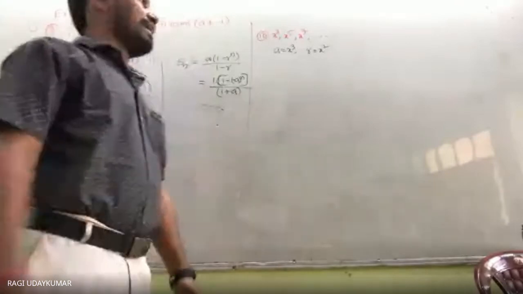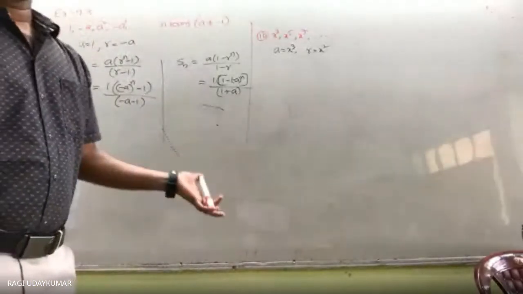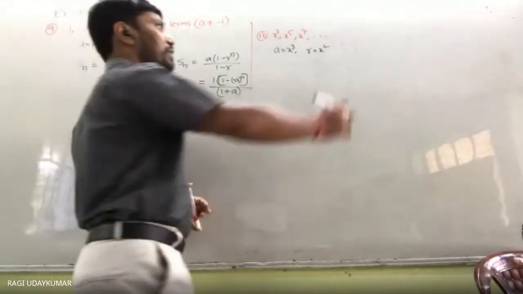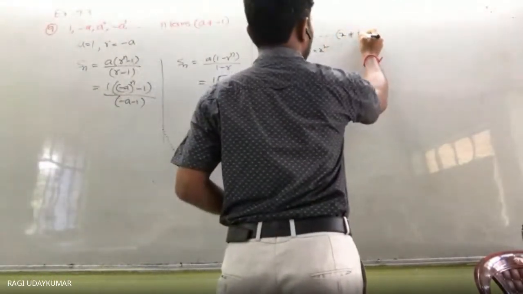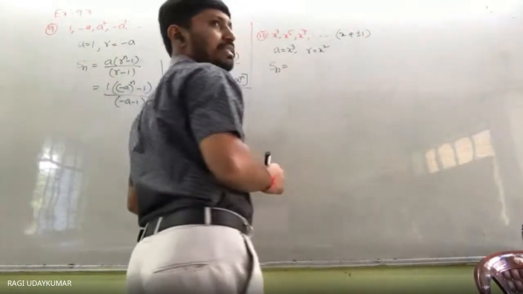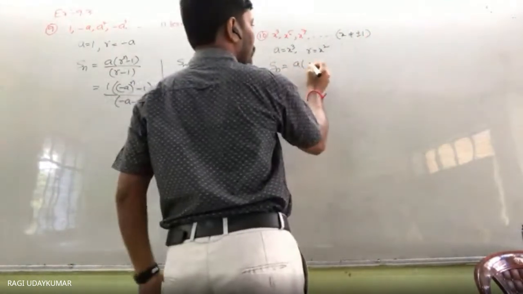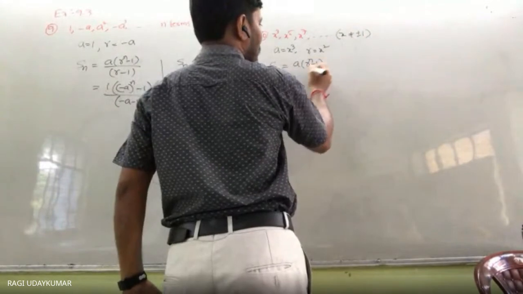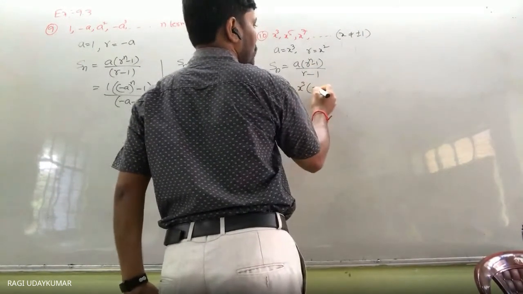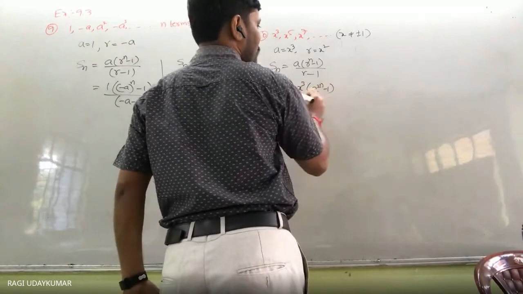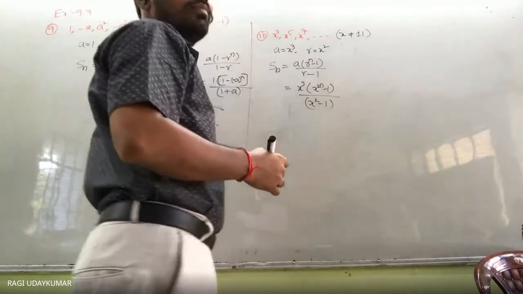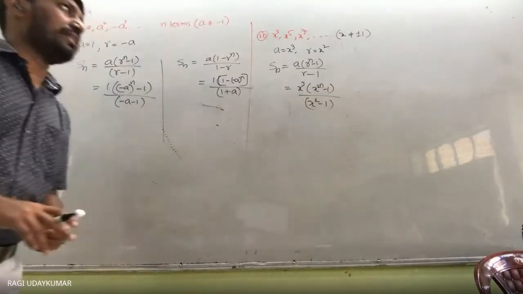That is the condition given here. So you have to use the Sn formula. Sn is equal to a into r to the power of n minus 1 by r minus 1, which is x cube into x to the power of 2n minus 1 by x square minus 1. It's just a formula and substituting in it.